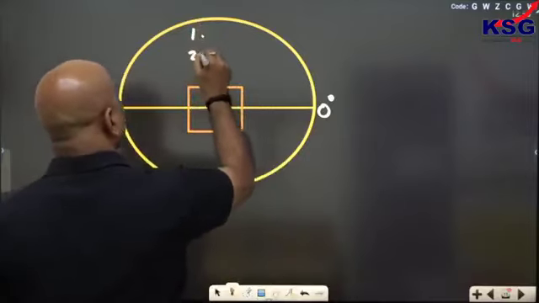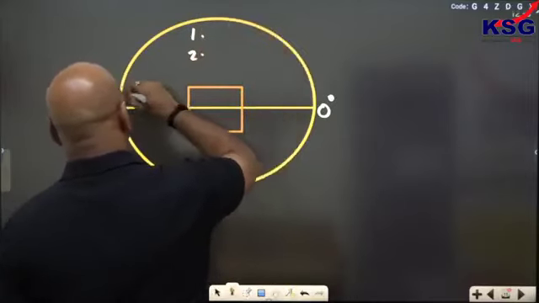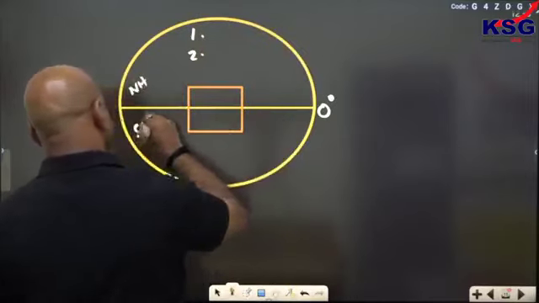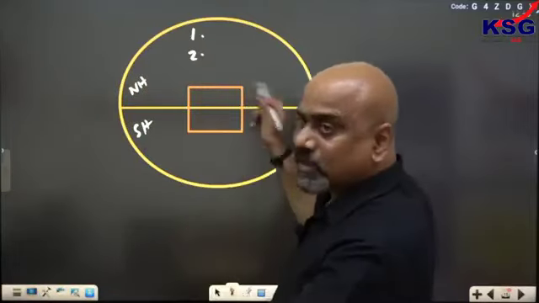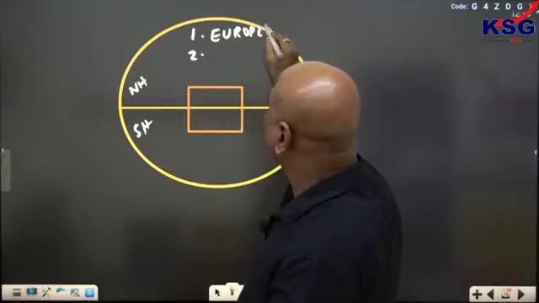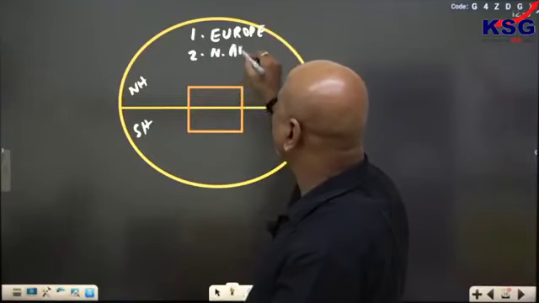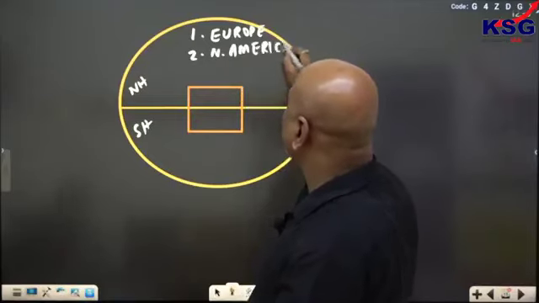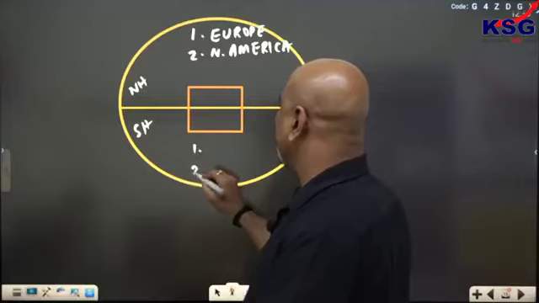Only 2 continents are entirely in the northern hemisphere. This is the northern hemisphere and this is the southern hemisphere. One is Europe, another one is North America. Europe and North America are entirely in the northern hemisphere.